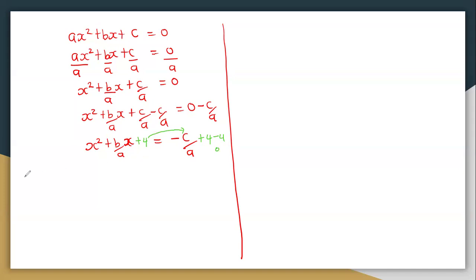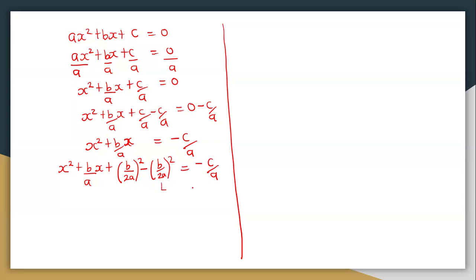So I'm going to add something, a square, such that we can complete a square. When I add b out of 2a squared minus b out of 2a squared, it is equal to negative c out of a. Since I've added the same thing, I've not changed anything.